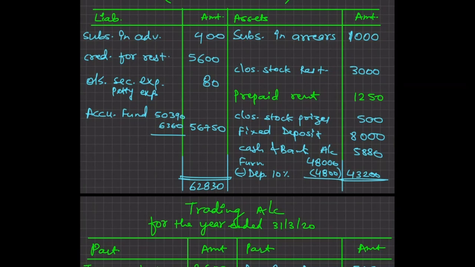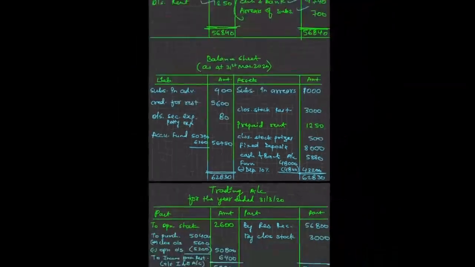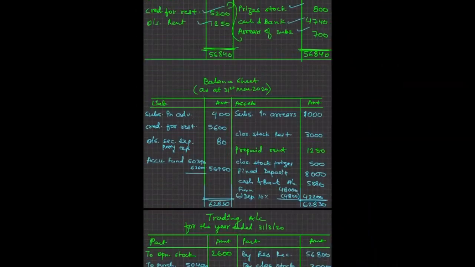And on the credit side, let's check the total. 1,000 plus 3,000 plus 1,250 plus 500 plus 8,000 plus 5,880 plus 43,200. So it is again 62,830. That completes my 100% of the question which I have just discussed.